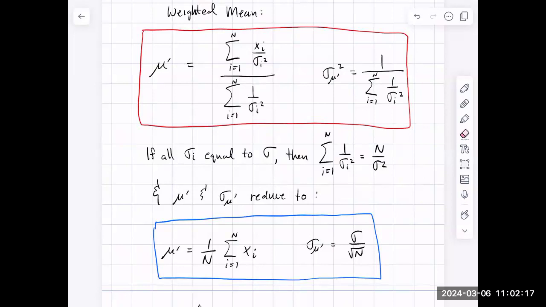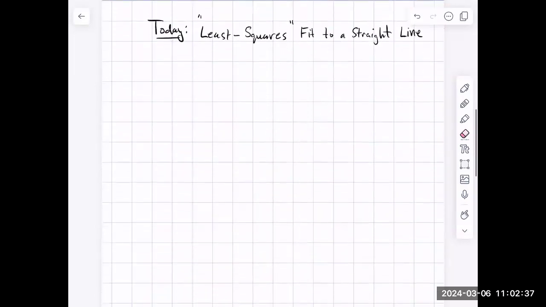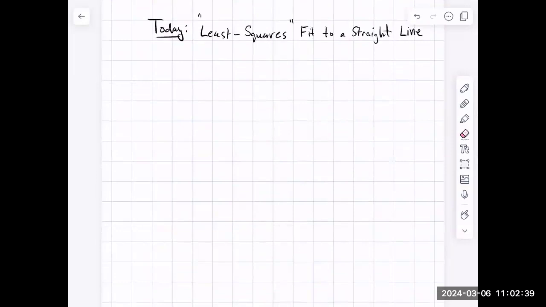If you make that substitution, the top sum would be 1 over sigma squared times the sum of xi, and then our mean and uncertainty reduce to the familiar values for a regular mean and the standard error. Today it's going to be a so-called least squares fit to a straight line. We'll see what the term least squares refers to in a few minutes.